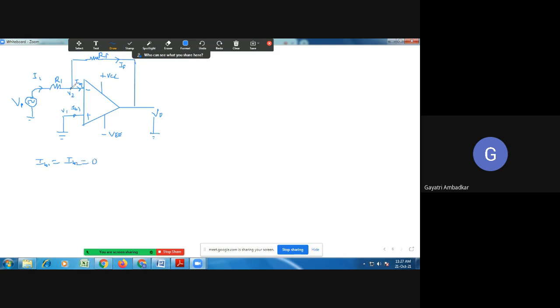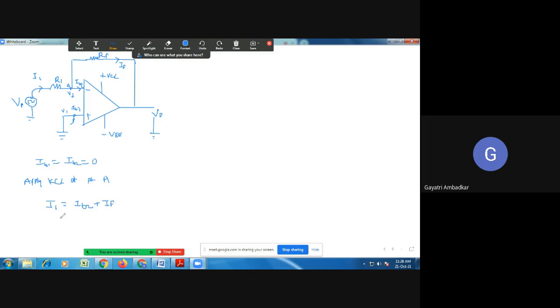Apply KCL at point A. Tell me what are the incoming and outgoing currents here at point A. I1 is equal to IB2 plus IF.